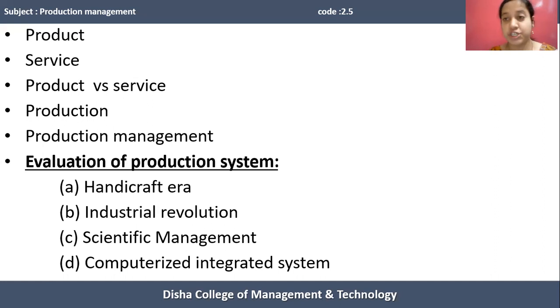Next one is production. Production is a process. A process of what? Production is a process of producing goods. Whatever inputs the manufacturer requires for producing a particular product, by using a certain process, the manufacturer converts various inputs into output.